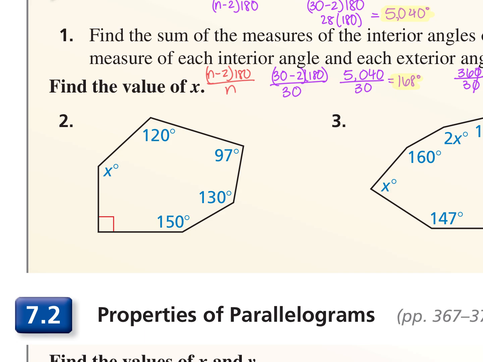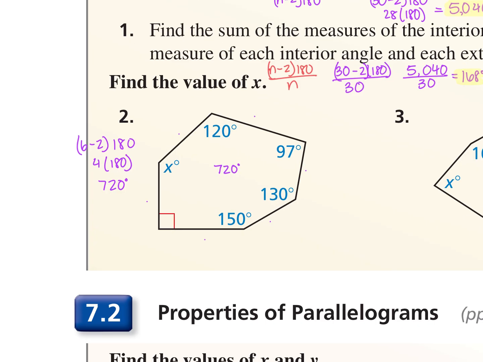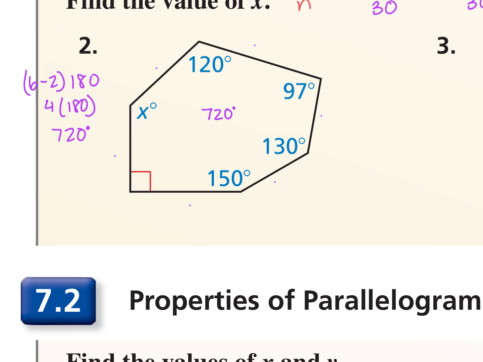Number 2, they want me to solve for x. The first thing I have to know is the measure of my interior. In order to find that, I'm going to count the sides: 1, 2, 3, 4, 5, 6. I'm going to take 6 minus 2 times 180. I'm going to get 4 times 180, which is 720. So I know my interior sum is going to be 720. Now all I have to do is add everything and set it equal to 720.